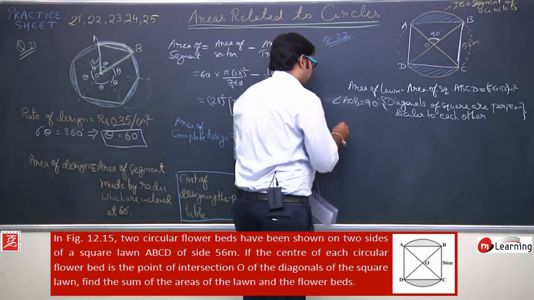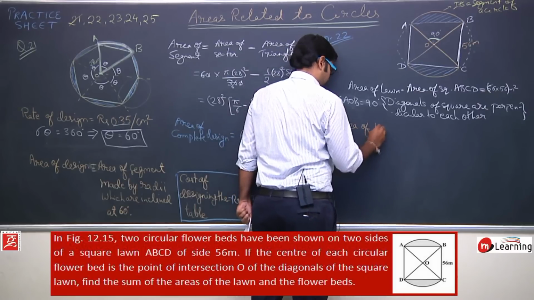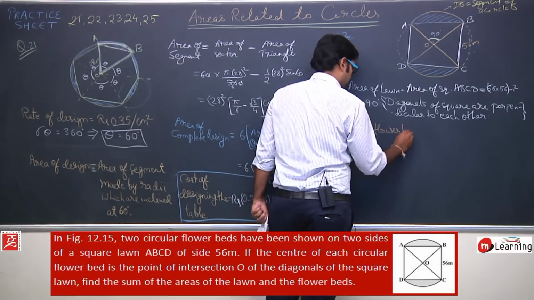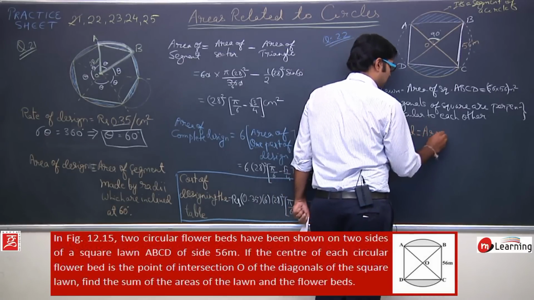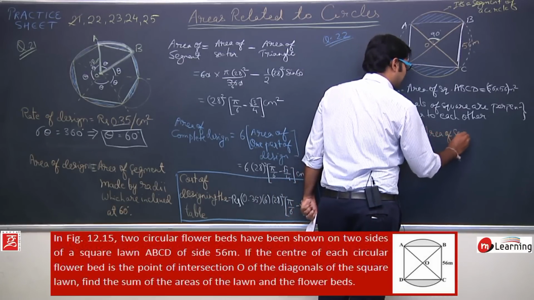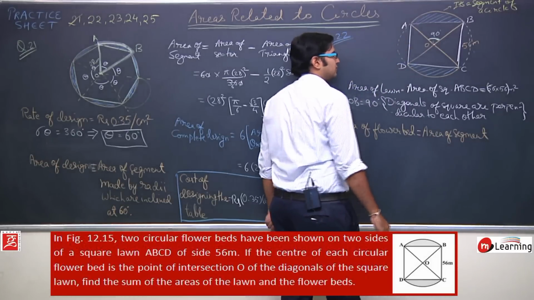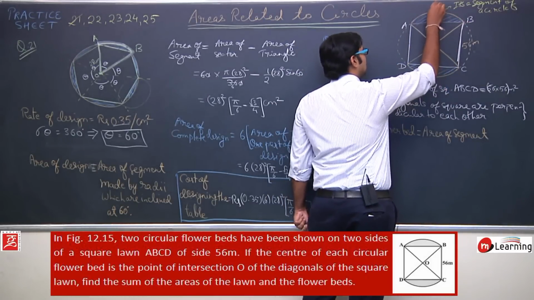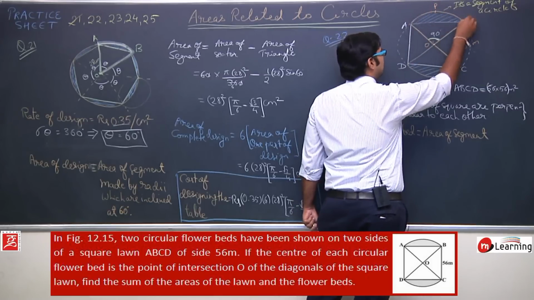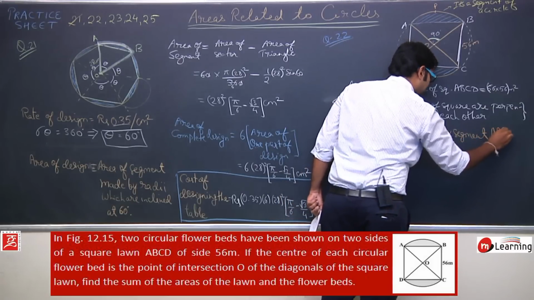So area of flower bed is equal to area of segment. Now what is this segment? Let us name this as P. So the segment is APB, area of segment APB.